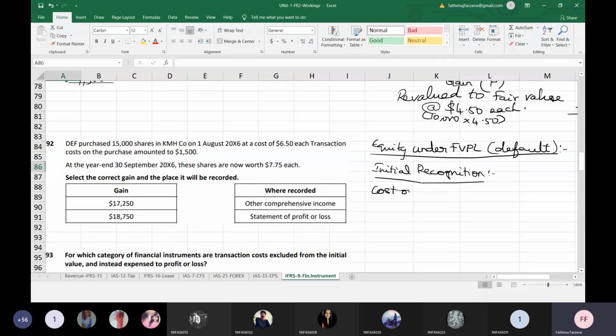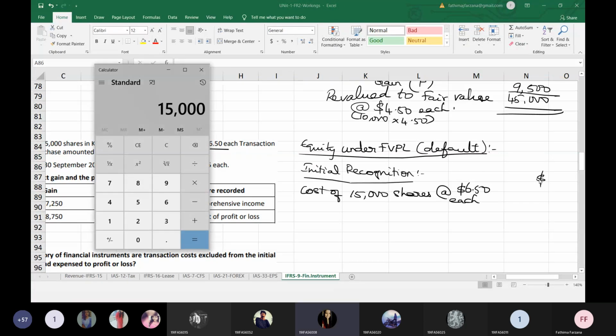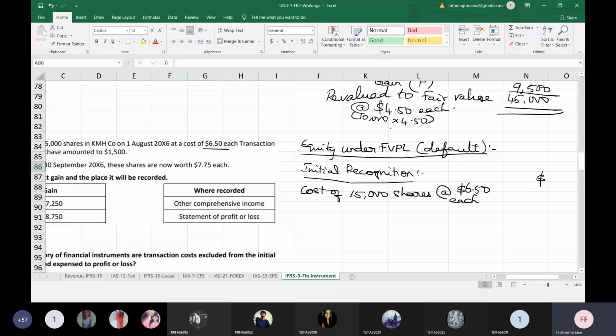Cost of 15,000 shares at 6.50 each, it is $97,500. This is my value here. And then will I add the transaction cost of 1,500 here? No, ma'am, I will not add.